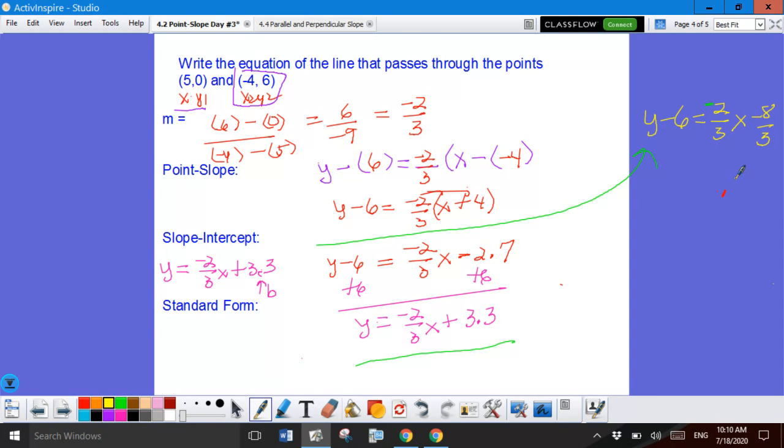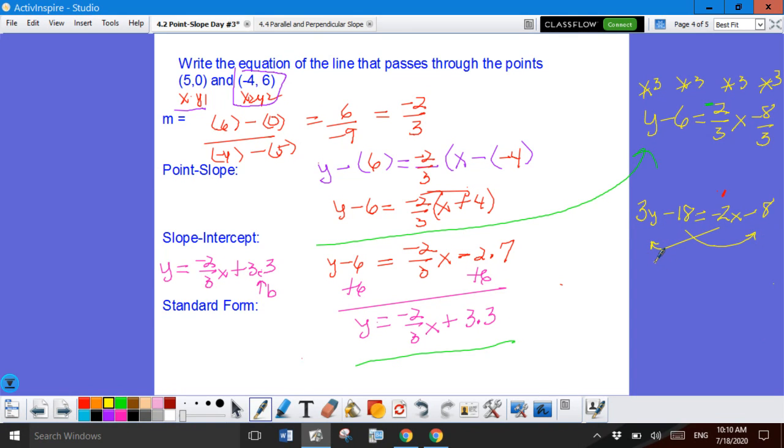So when I look at this and I'm going to take it to standard form, I need to multiply by 3 4 times. So I have 3y minus 18. Remember, these two are going to go away. So I have a negative 2x, and then the 3 is going to go away, and there's a negative 8. So notice now I have absolutely no fractions. And I have two things to move.